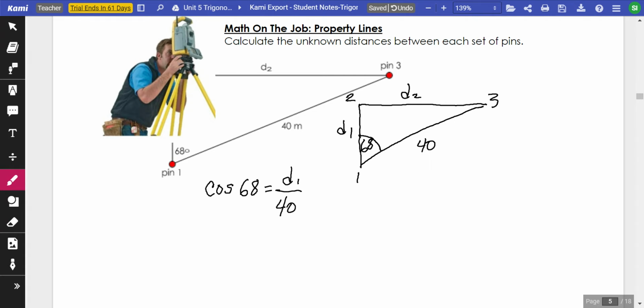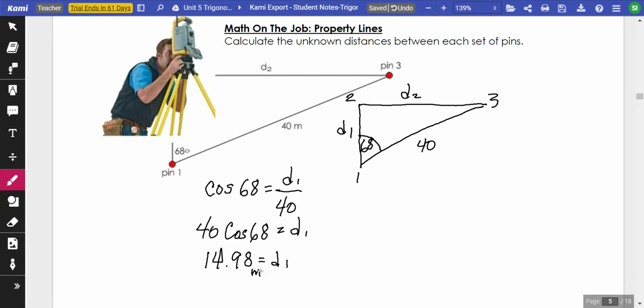This is a multiplication question, so it would look like 40 cos 68 equals D1. And remember, you're not multiplying by 68. You have to find the cosine of 68, multiply it by 40, and you'll get 14.98 equals D1. And that would be meters.